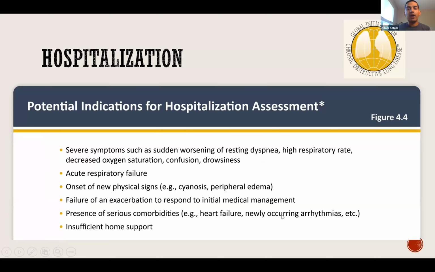Also taking into account the comorbidities that the patient has that can put them at risk of increased complication, in particular cardiovascular comorbidities. And then what their home support is. Some people may not have enough social support to treat their exacerbation at home, or they may have cognitive deficits that limit their ability to have a change in treatment.